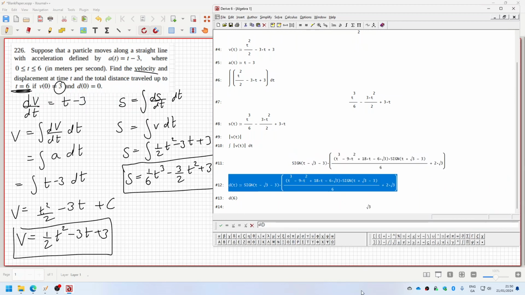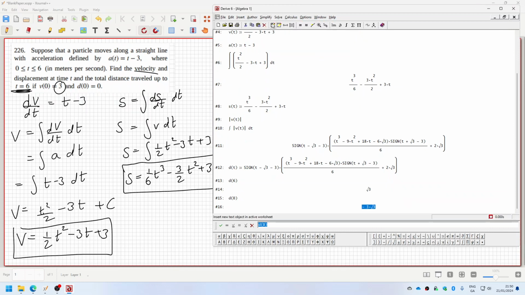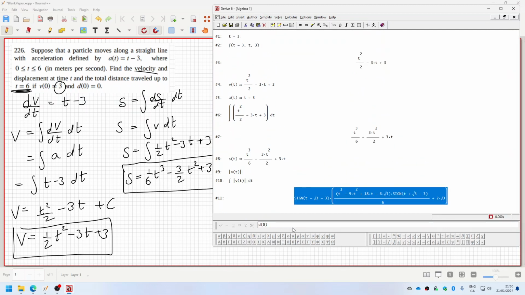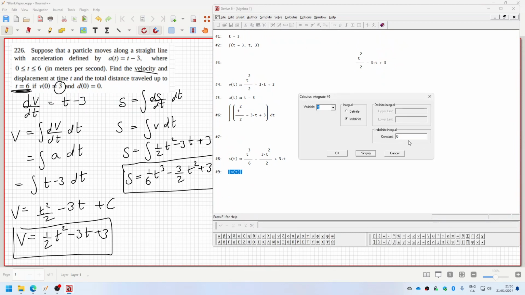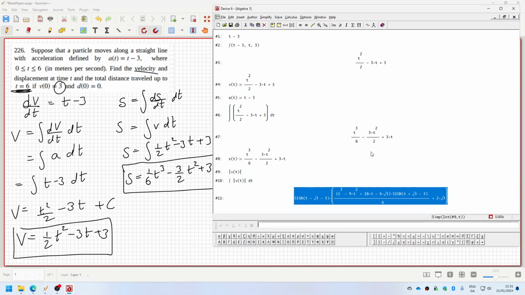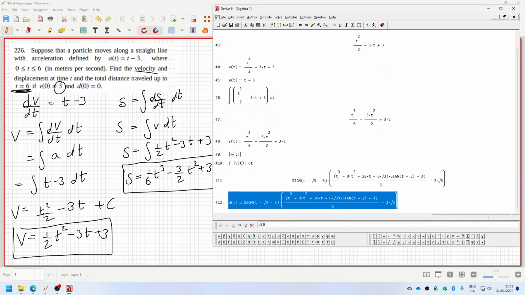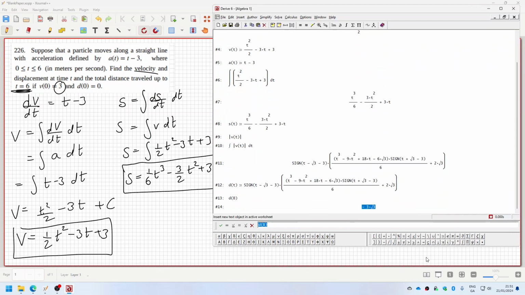Let's just check actually that this is 0. No, it's not. Ah, so the constant of integration, that's the problem here. Did I not set it as 0? Okay. That's weird now.